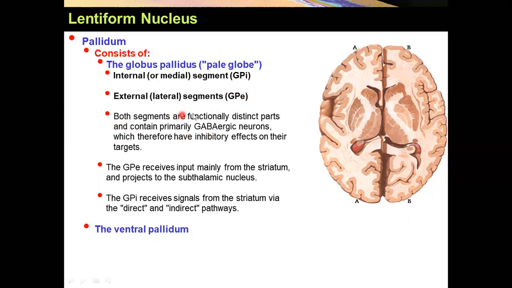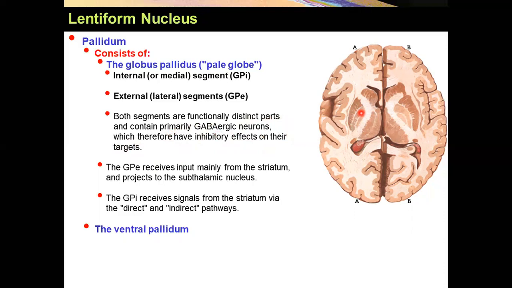Now, both segments are functionally distinct parts and contain primarily GABAergic neurons, which therefore have inhibitory effects on their targets. So this is important. Both segments of the globus pallidus inhibit or deactivate their targets.